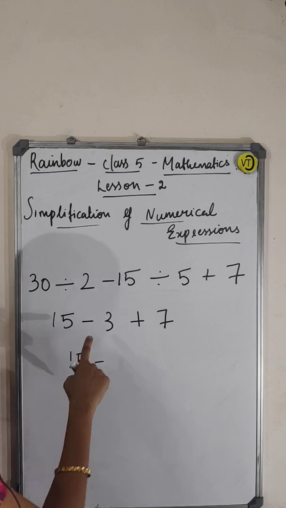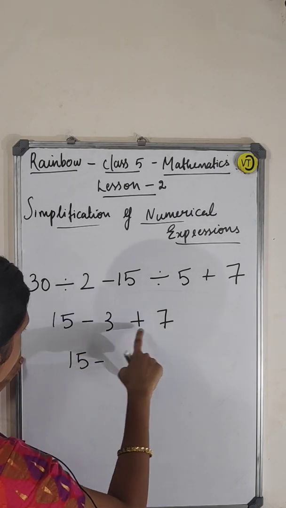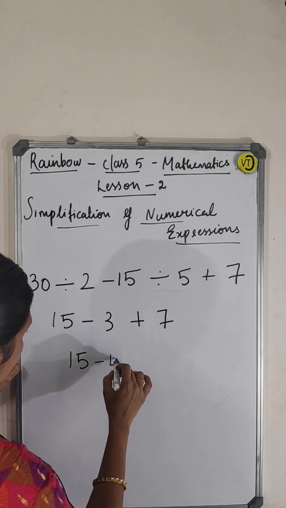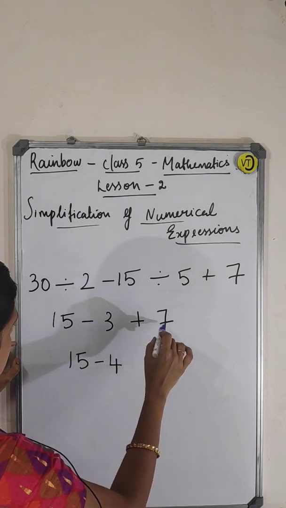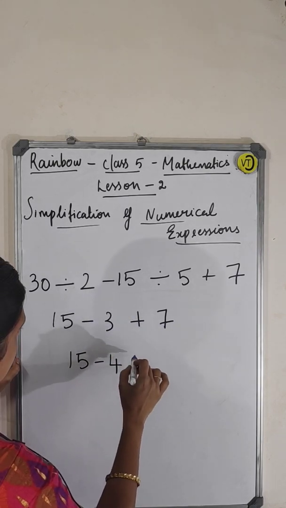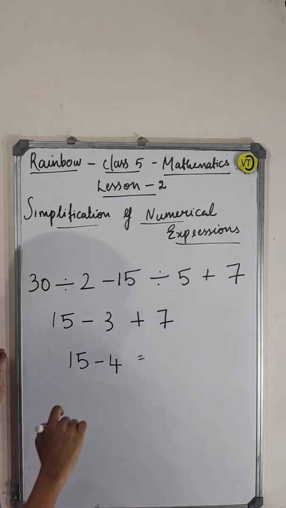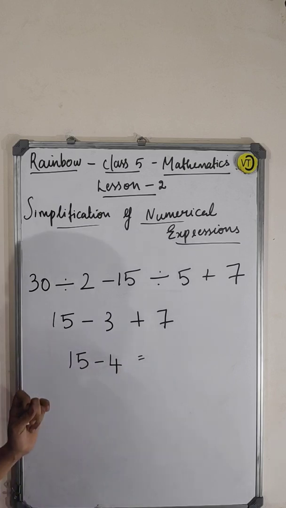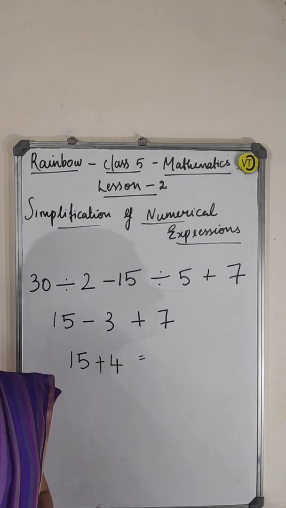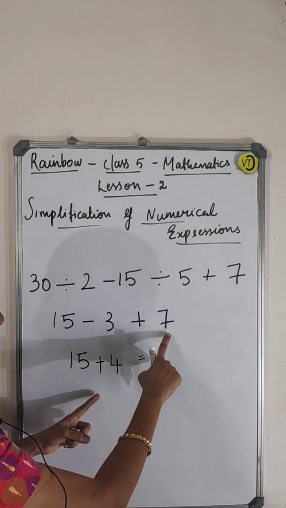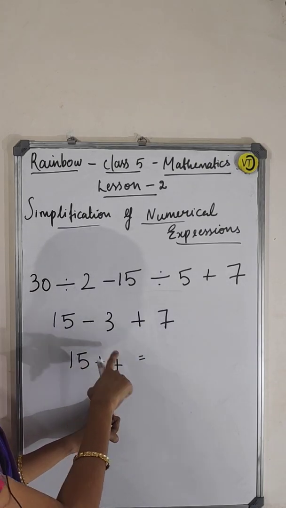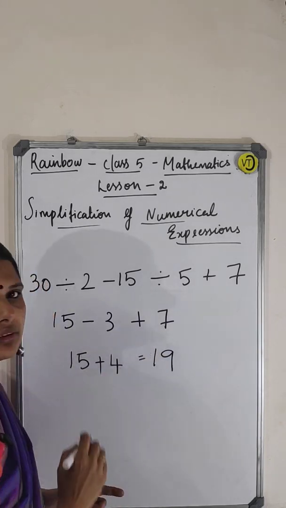Minus 3 plus 7 becomes plus 4, because 7 minus 3 is 4. So 15 plus 4 is 19.